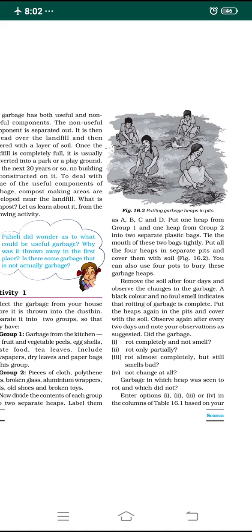Now put all four heaps of garbage deep in the pits and cover them with soil.